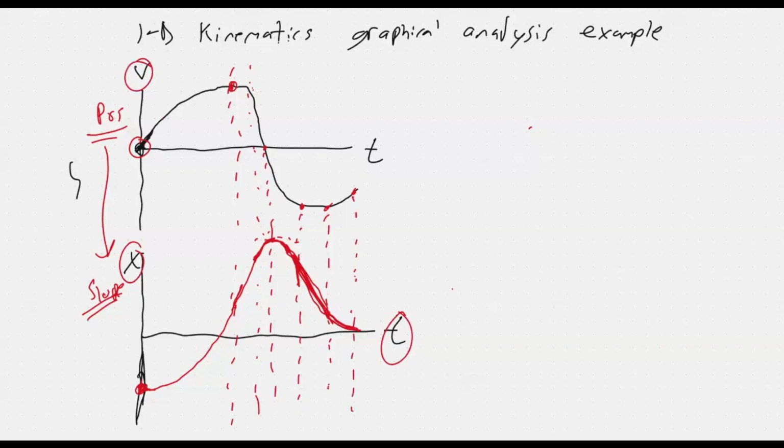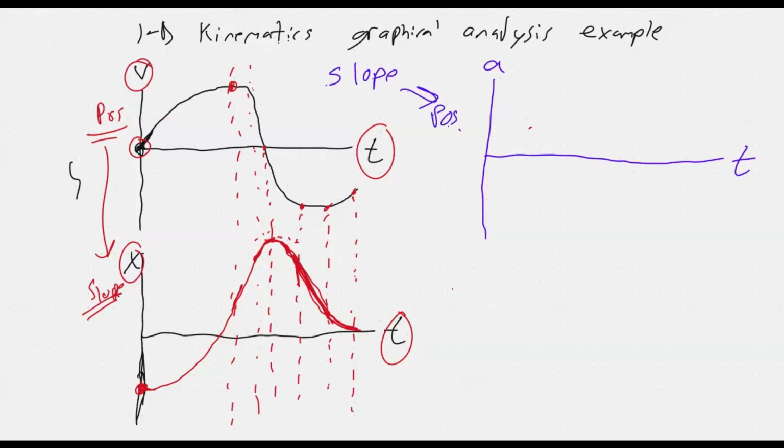What if, instead, we wanted to see what the acceleration versus time should be looking like? Well, now we would take the slope and we would turn it into the position. Initially, the slope is positive, and it's actually kind of the steepest positive it will ever be. So we will start off at whatever our greatest acceleration will be. That slope slowly gets smaller until it becomes about flat at this point here.